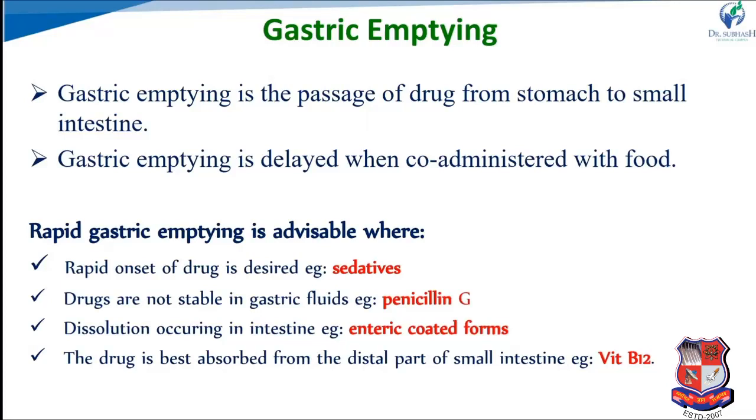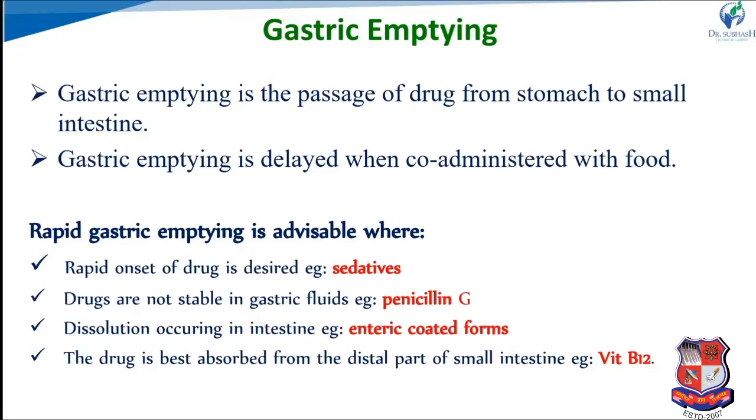Dissolution of the drug occurs in the intestine, so their solubility and dissolution profile is good there, and their absorption profile is also good in the intestine, so we require rapid gastric emptying time. They should stay less time in the stomach or acidic medium and more time in contact with the small intestine or alkaline pH.